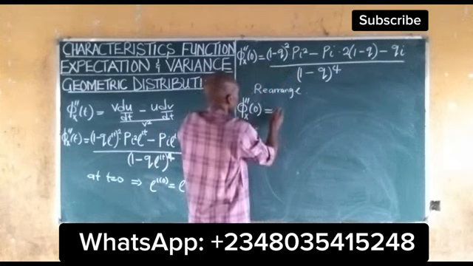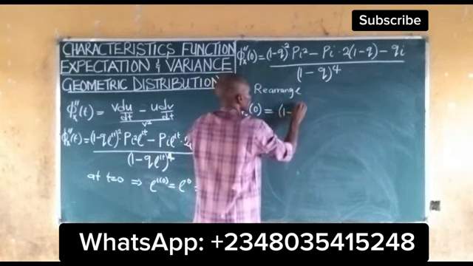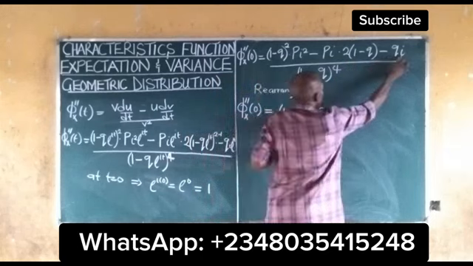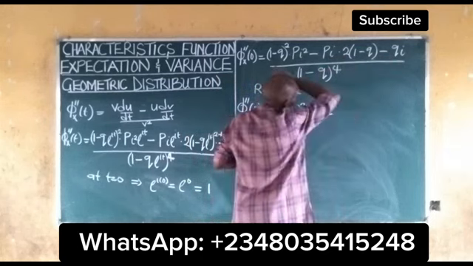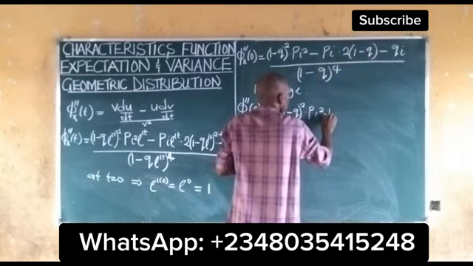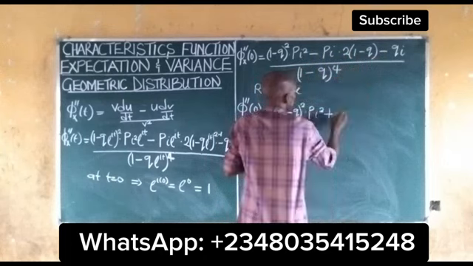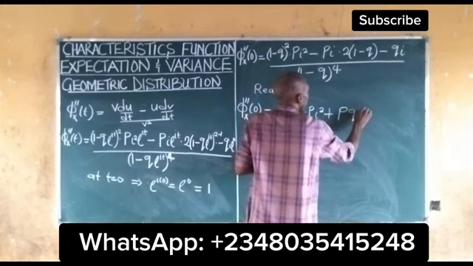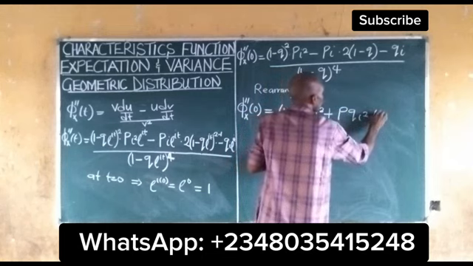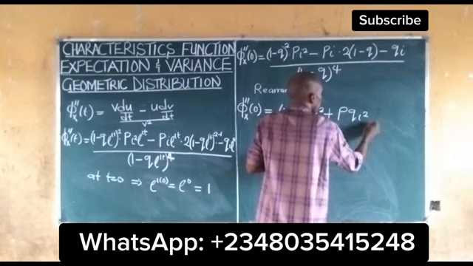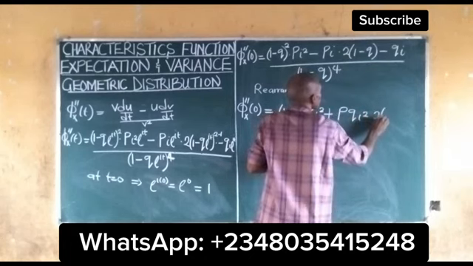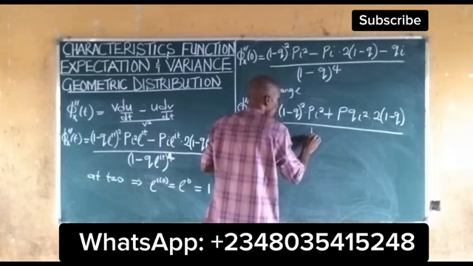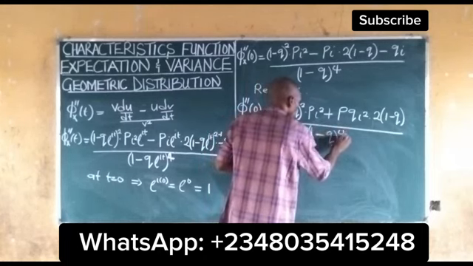Of course, we note that 1 minus q all squared into p i squared minus i multiplied by i will give us, this multiplied by this will give us plus i multiplied by i will give us p q i squared, multiplied by this 2 into 1 minus q all over 1 minus q raised to the power of 4.